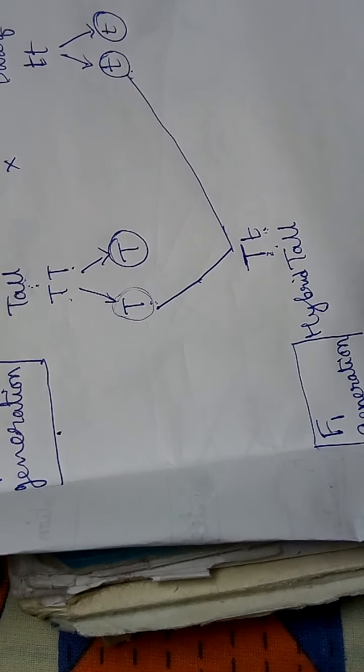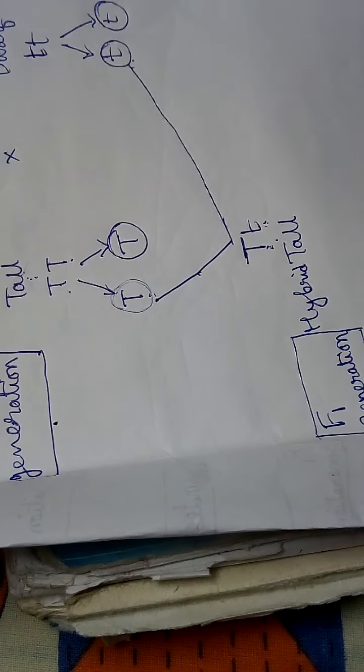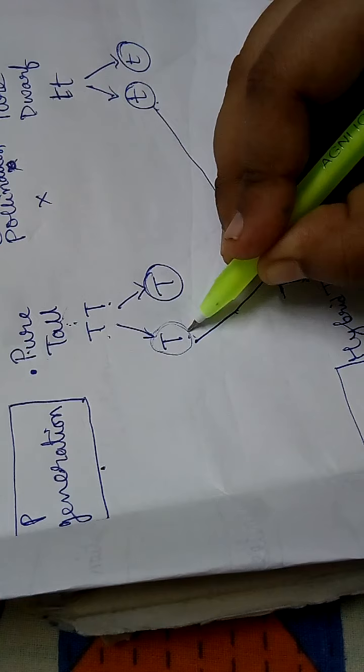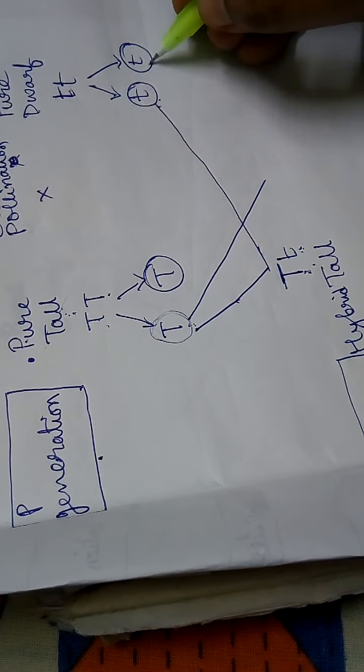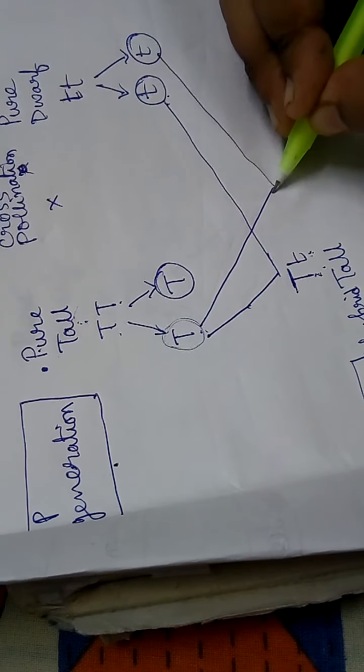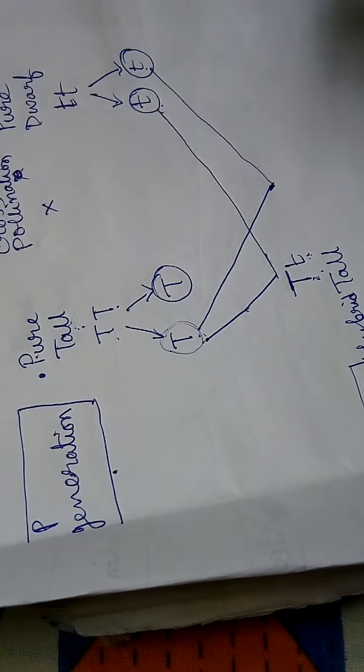or first filial generation. So again capital T fertilizes, again unites with capital T with small t.